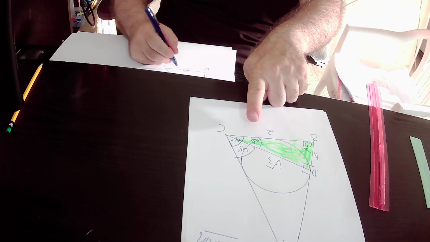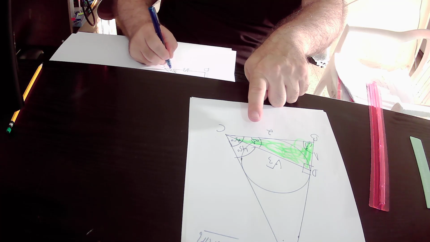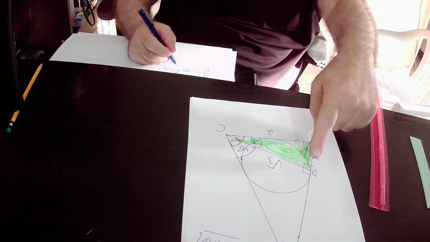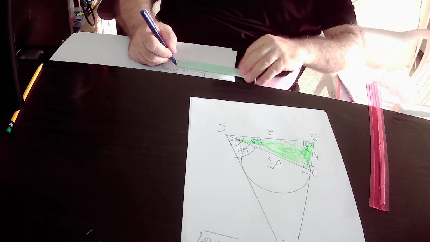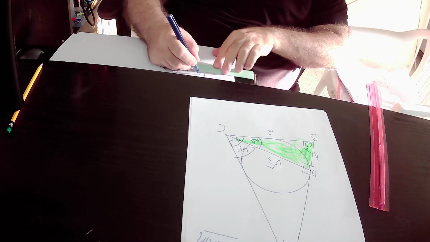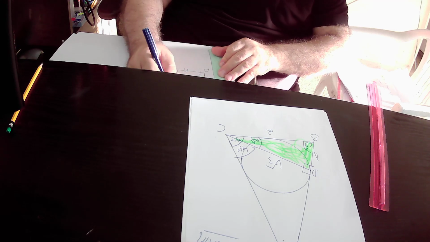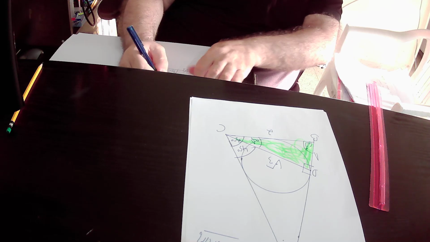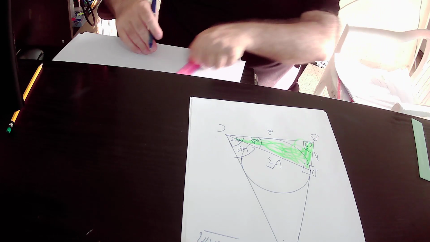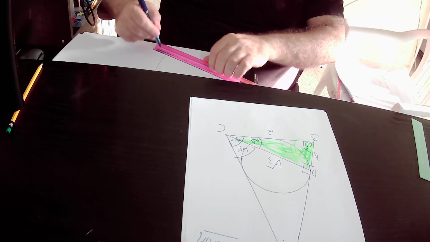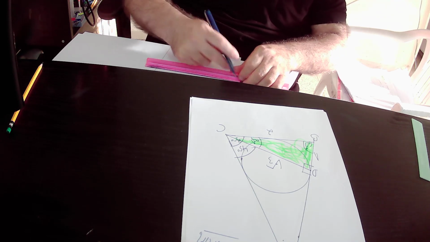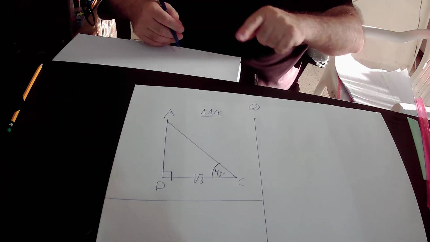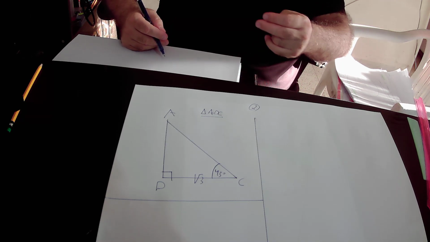Angle ACD equals 45 degrees. This angle equals 90 degrees. It is a right triangle. So this is the right triangle ADC that I copied from the original drawing.